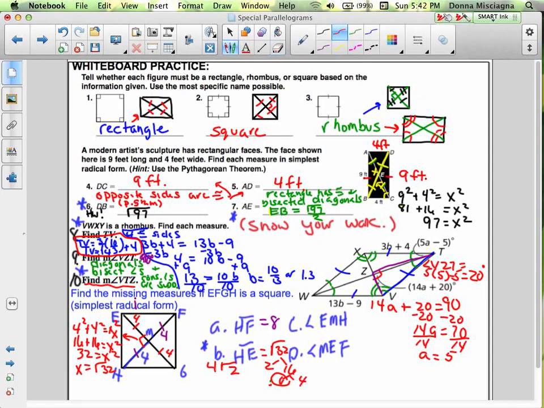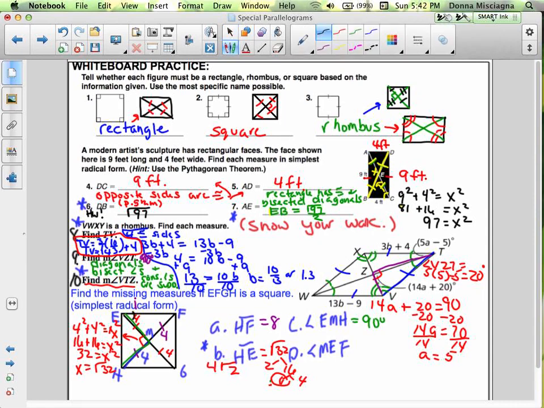And then the measure of angle EMH. So that is this angle here, EMH. We just said that when we marked that the diagonals are perpendicular, 90 degrees. And finally, the measure of MEF. So that would be MEF.